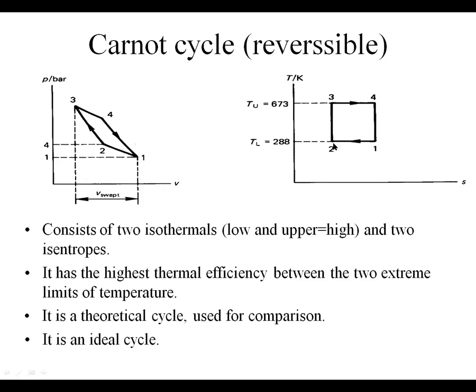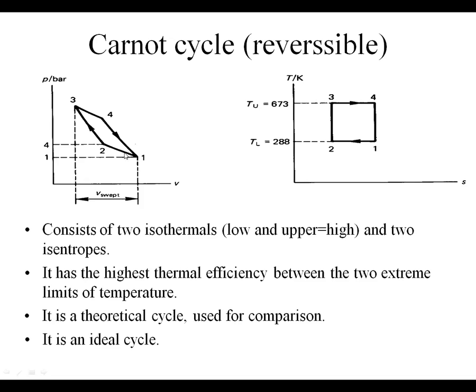So 1, 2 is isothermal compression. 2, 3 is isentrope compression. 3, 4 is isothermal detention, and 4, 1 is also a detention but isentrope.